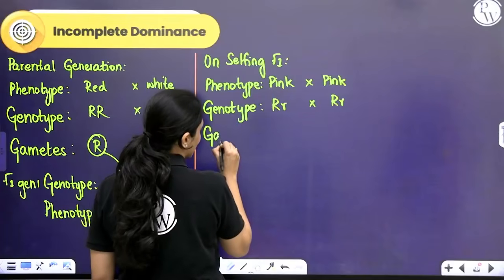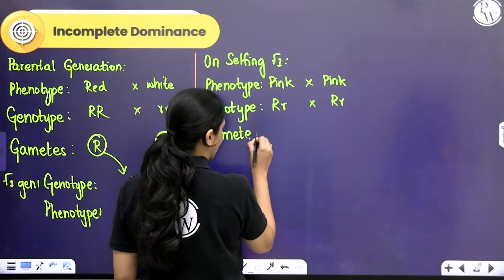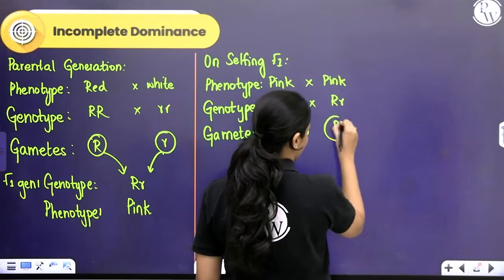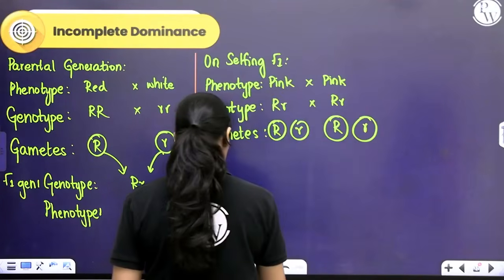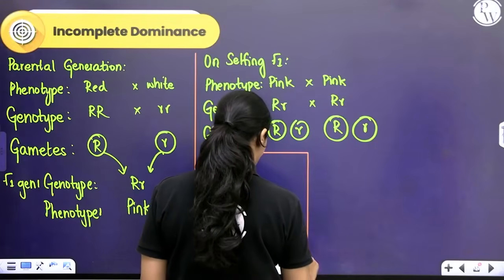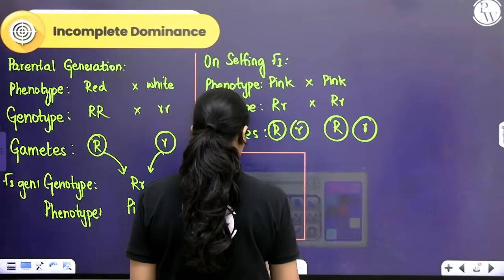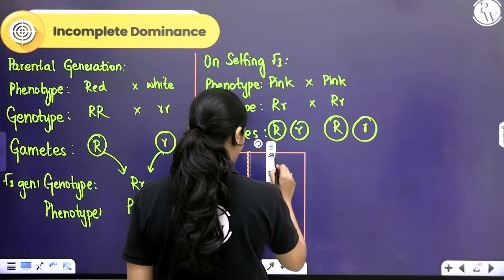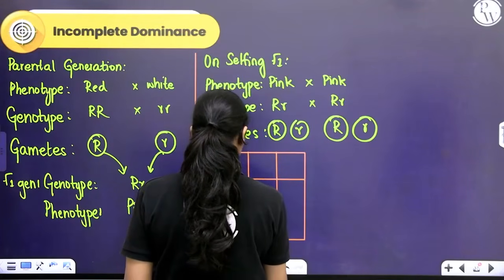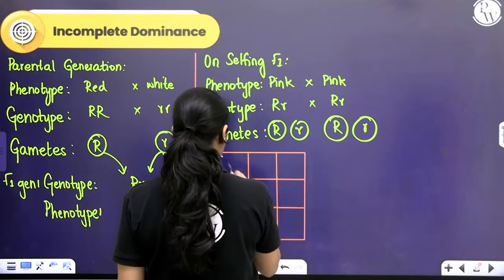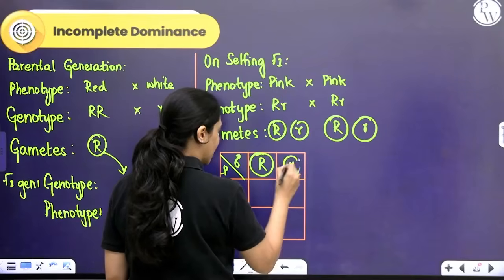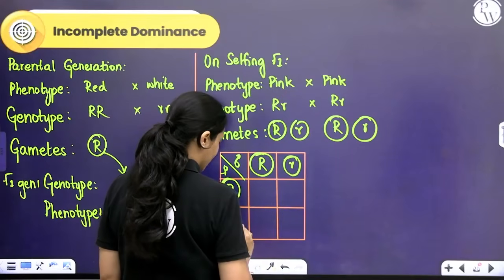Each one will produce two different types of gametes because they are heterozygous. So you have capital R, lowercase r, capital R, lowercase r. Plot it.